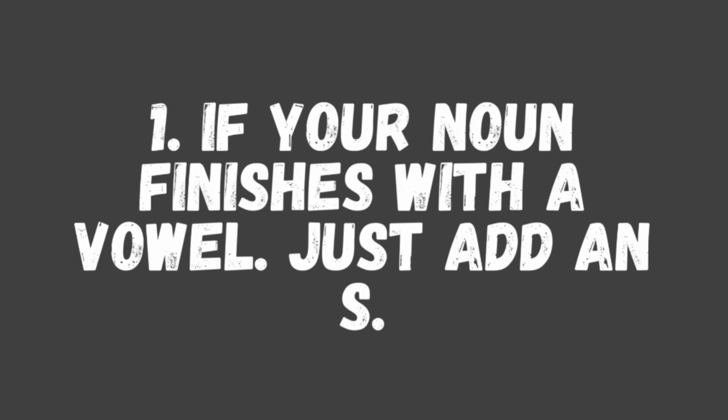All right, so now let's check some rules we have to apply to create the plural form of our nouns, okay? So let's go to rule number 1. If your noun finishes with a vowel, what you have to do is just add an s to create the plural form, okay? Now let's see some examples so you will understand it better.